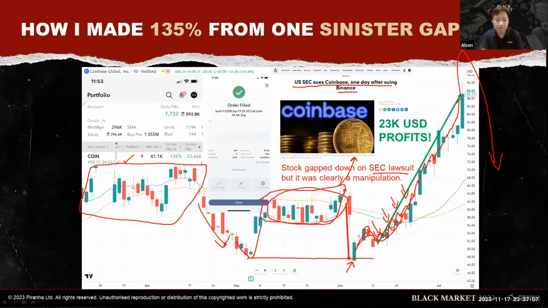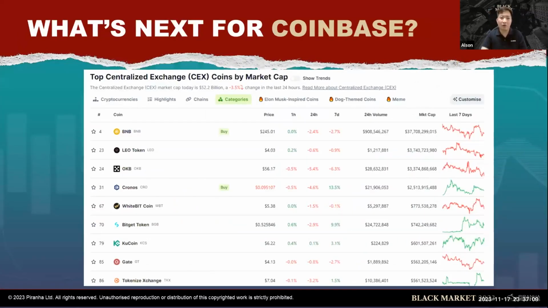Okay. So what's next for Coinbase? As of my writing here, I think Coinbase market cap is about $26 billion. In my view, the BNB Binance token is about $37 billion market cap. I think Coinbase will eventually overtake Binance.